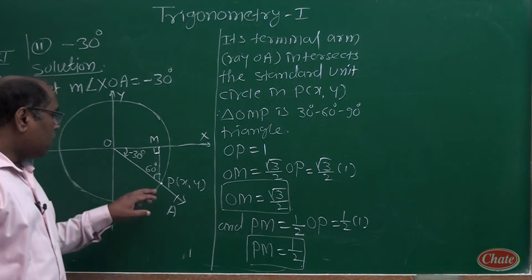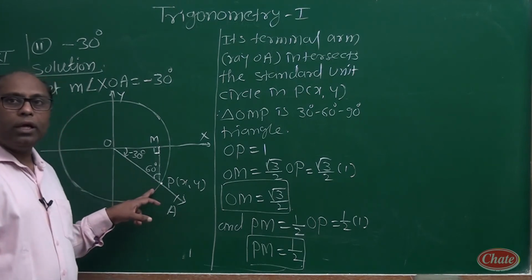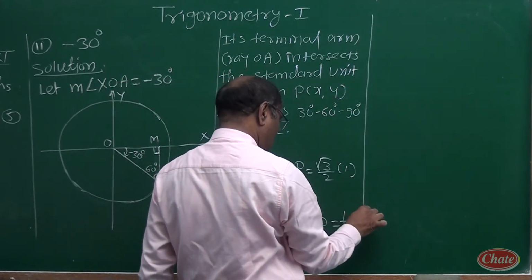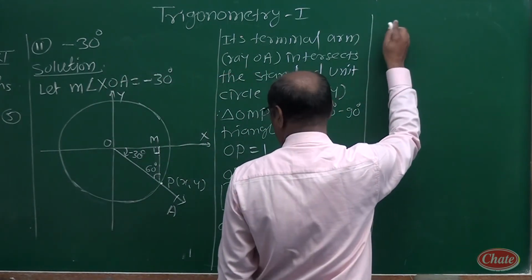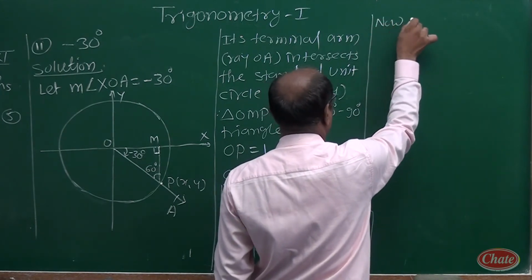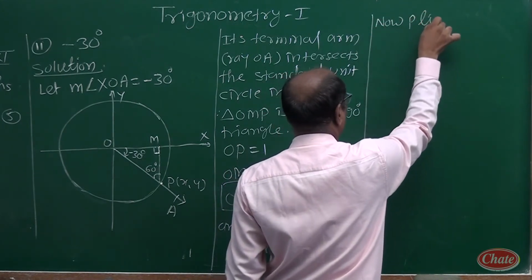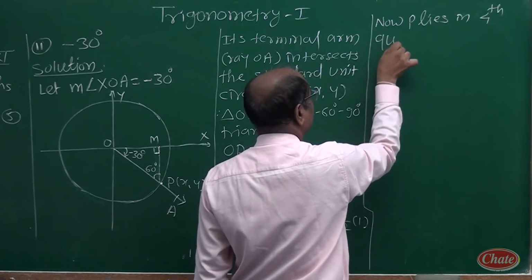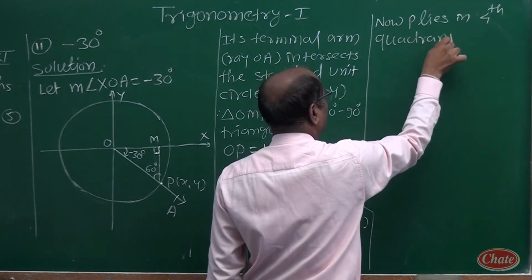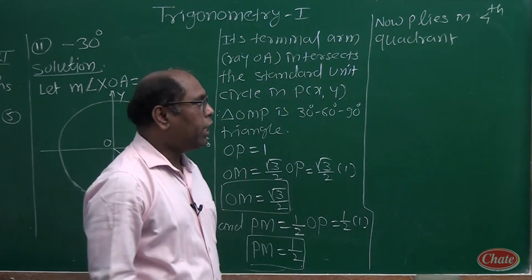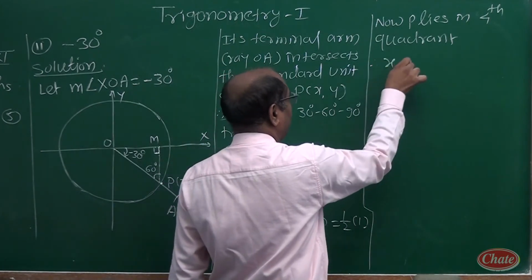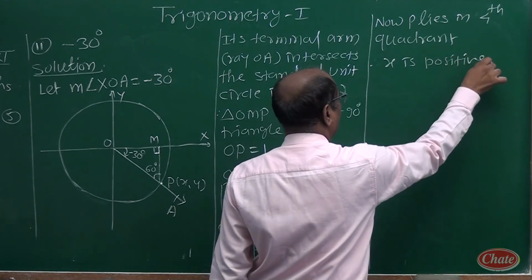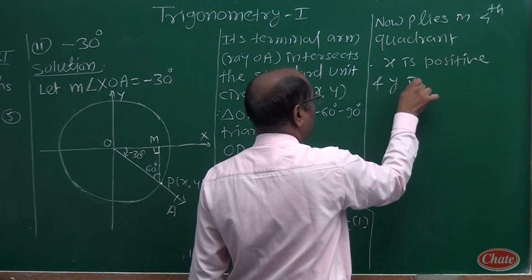Now here the point P is in the fourth quadrant. P lies in the fourth quadrant, and therefore X is positive and Y is negative.